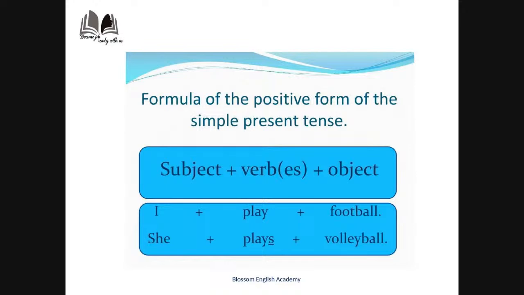She plays volleyball. Or if you're talking about one single person, maybe we can name that guy as Raju, or we can name the girl as Meera, and we are talking about one single person, and still it would be Meera plays volleyball.